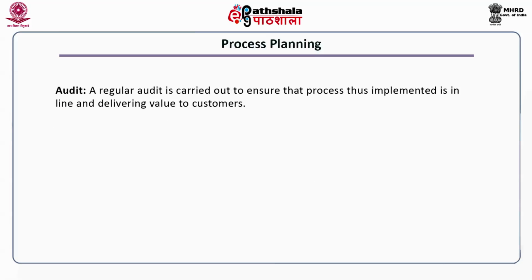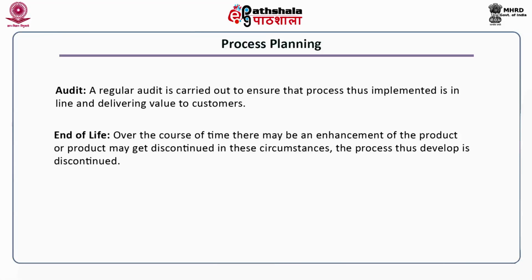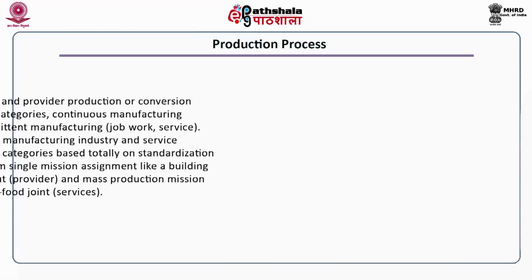Audit. The regular audit is carried out to ensure that the process is implemented in line and delivering value to the customers. End of life. Over the course of time, there may be enhancement of the product or the product may get discontinued. In these circumstances, the process thus developed is discontinued.